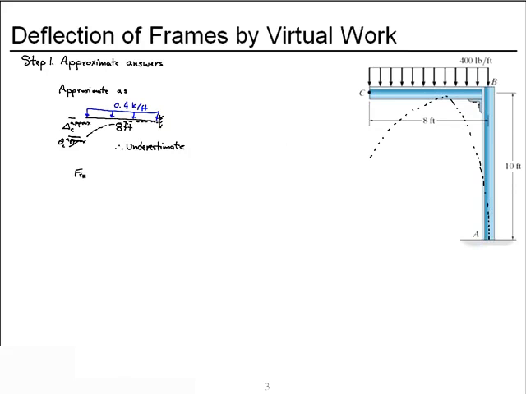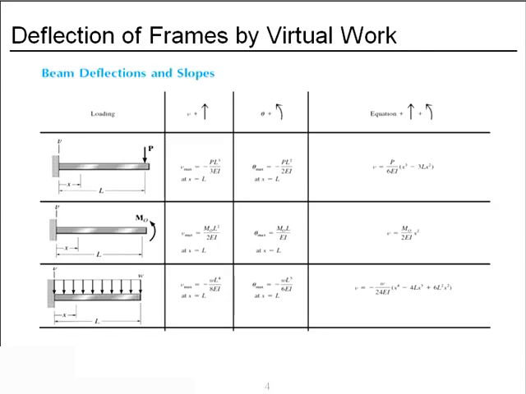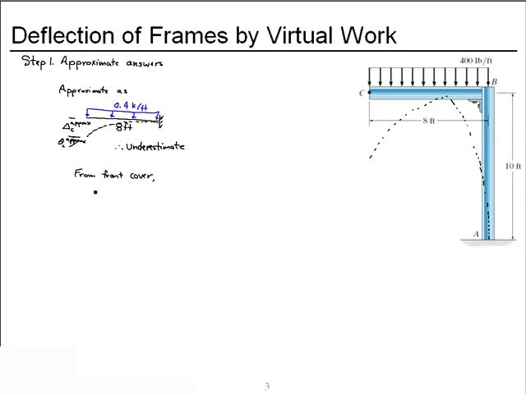But if we look at the front cover, we can find formulas for these deformations. Under the beam deflection and slope section, if we look on the second page, we find cantilevered, uniformly loaded, the displacement at the end is minus wL^4 over 8EI. So our approximation, which will be an underestimate, is minus wL^4 over 8EI, where L is the length of our cantilever.